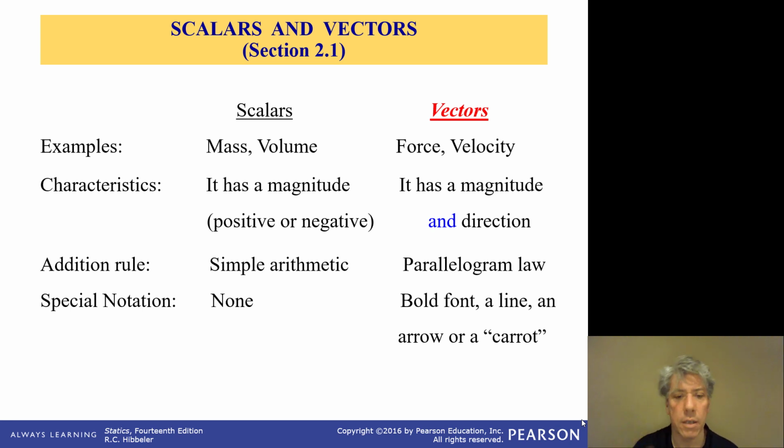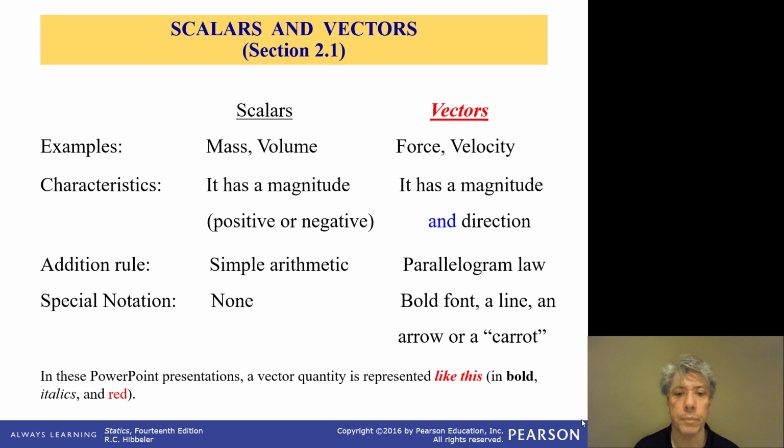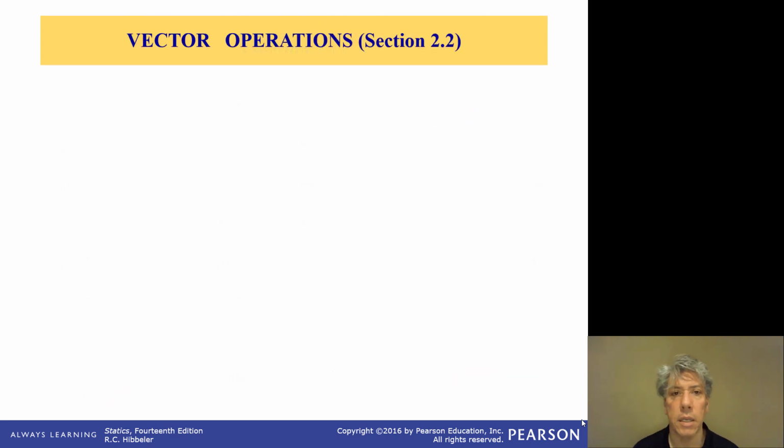There's a caret character above the 6. And that above a number or a variable would indicate that that thing is a vector that has both magnitude and direction and is not just a simple scalar. So in the PowerPoints that we're going through, the vectors will be indicated in red and in bold and italics to make it easy for us.